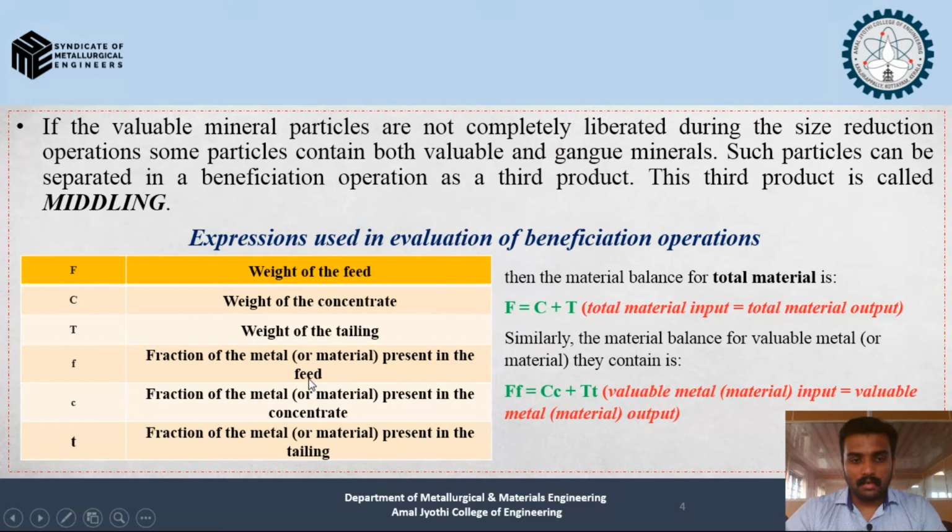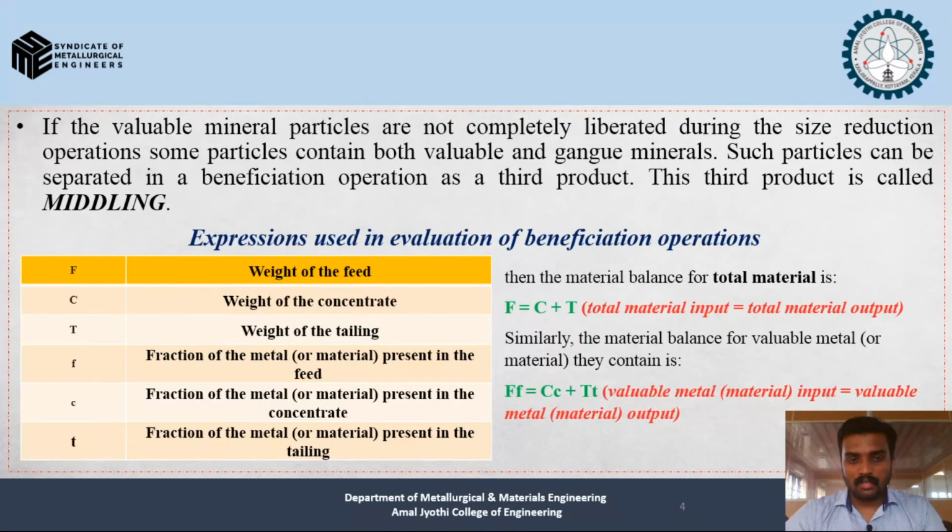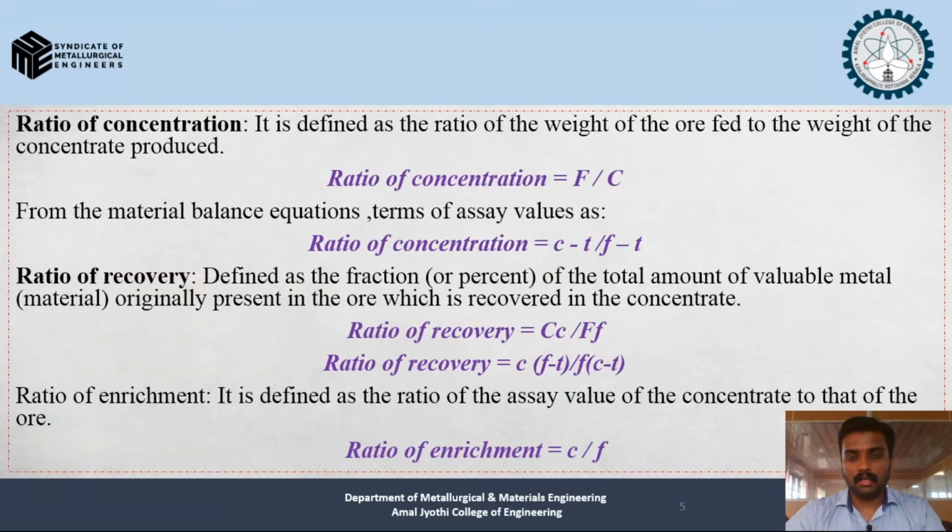Small c is the fraction of metal present in the concentrate, minus its tailing, that is the small letter t, divided by the fraction of metal present in the feed minus its tailing. I hope the expression is clear. It is almost similar to the ratio of concentration written in the previous example.